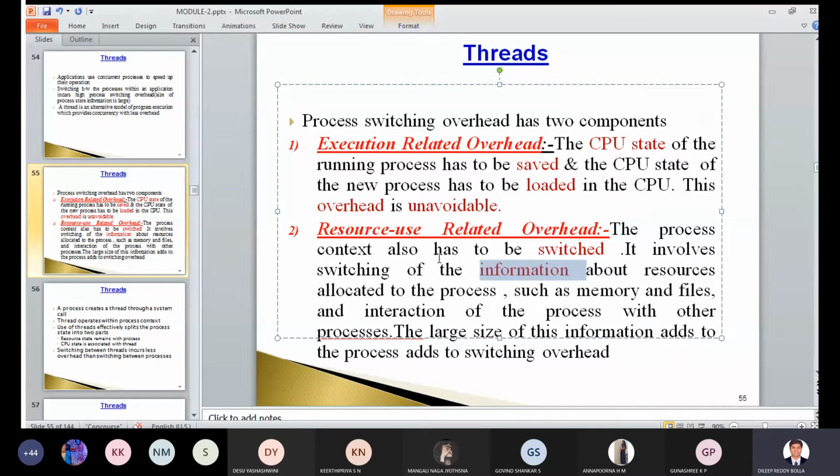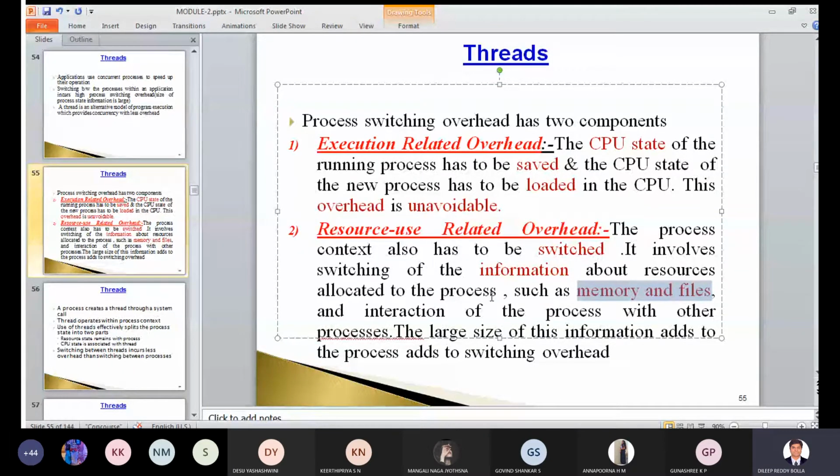So resources allocated to the process, such as memory and files, are involved here, and the interaction of the process with other processes.